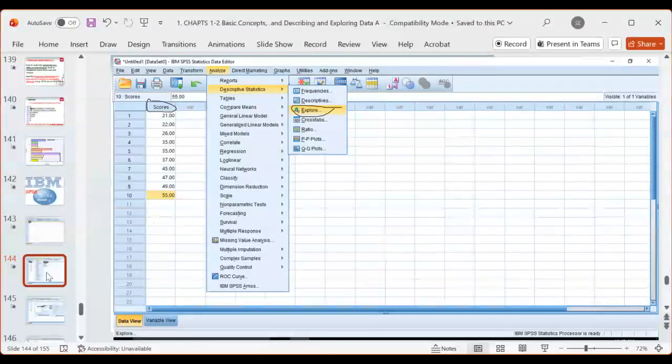On the left, the blue column, 1, 2, 3, those are the numbers of your scores. I can tell I have 10 scores. Keep in mind, scores come from people. So I have 10 people, and those are their scores from whatever I got them from.